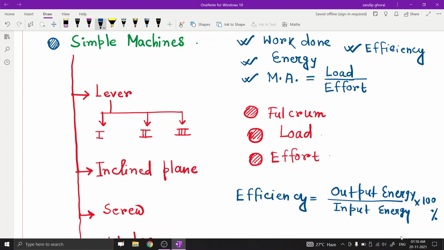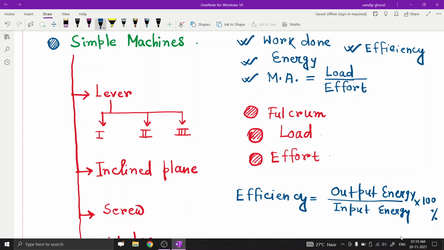And always remember that in real life, output energy is not equal to input energy, because due to friction some energy is lost, so our output energy is always less than input energy. That means the efficiency of a simple machine is always less than 100%.